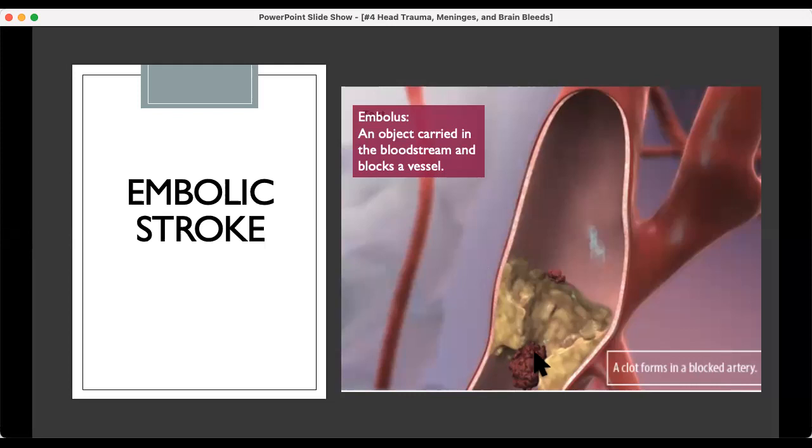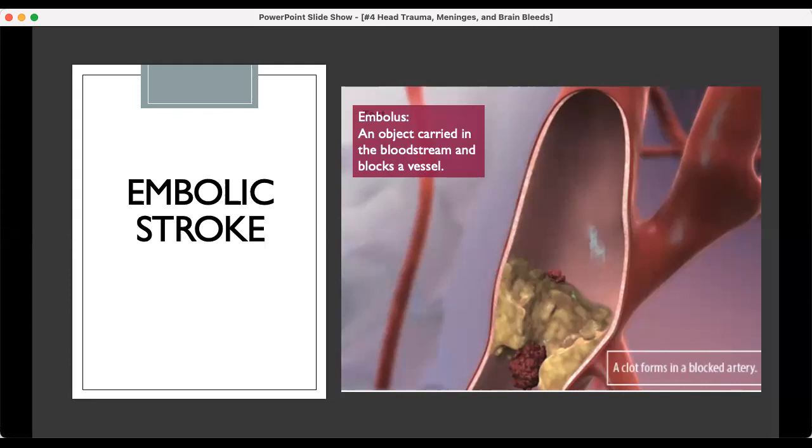A blood clot can form on plaque. So either a piece of plaque or a blood clot that formed at that plaque could break off. This is another term, embolus. Embolus is a term to describe an object. So an object could be a piece of plaque or a blood clot or anything else that's in the bloodstream.